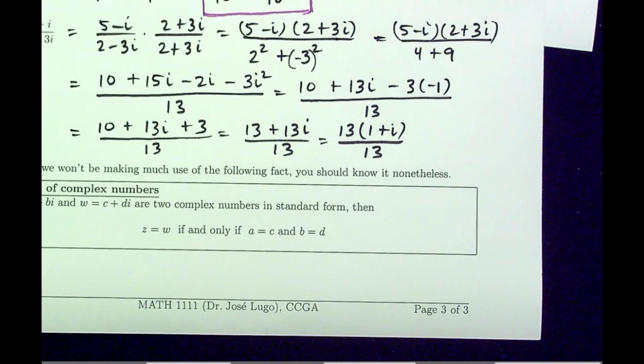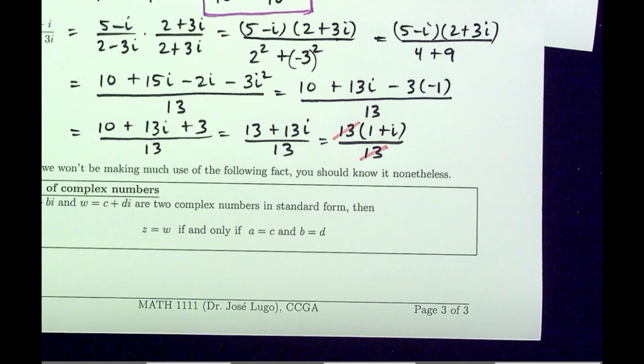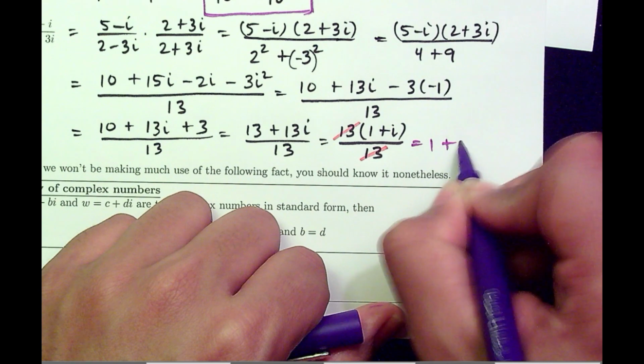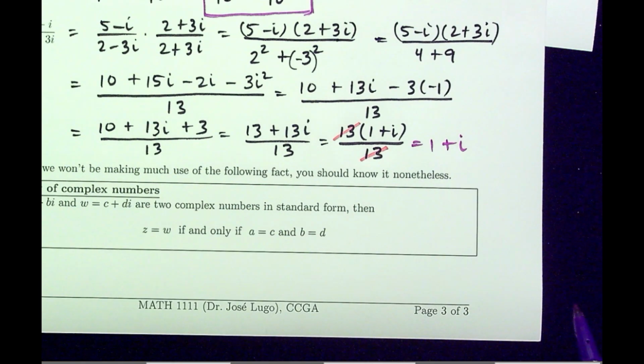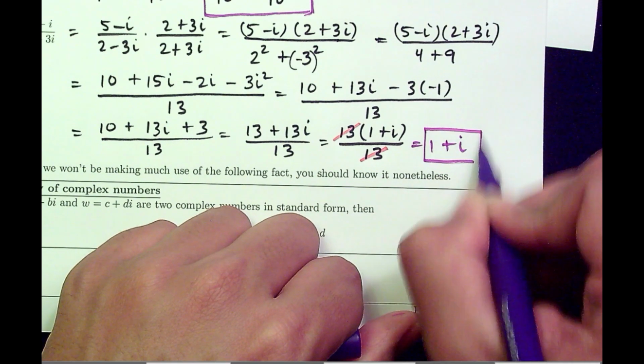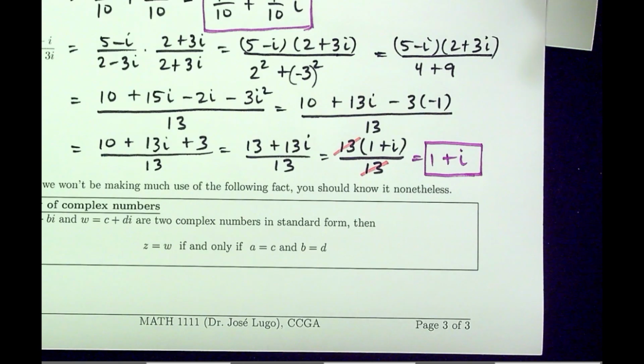So we factor the top, then we can cancel. And the answer is 1 plus i. And now, notice that that is in standard form. And that is the final answer.